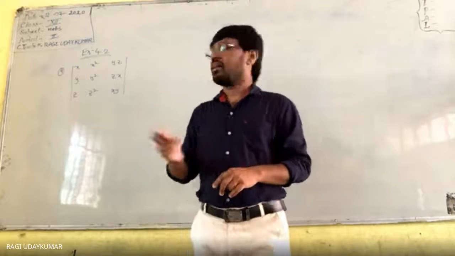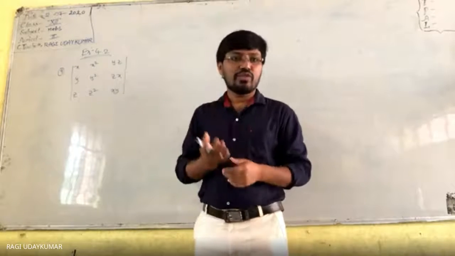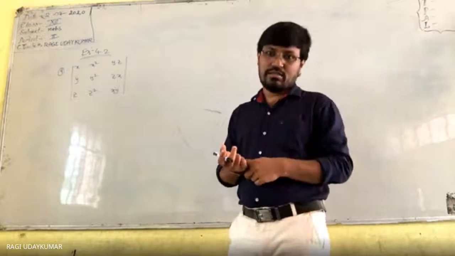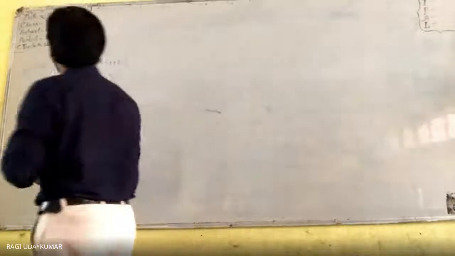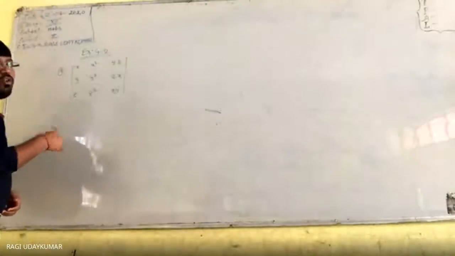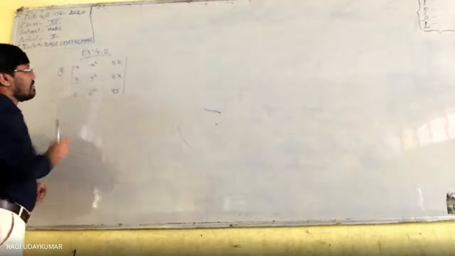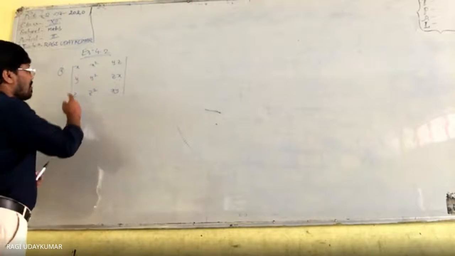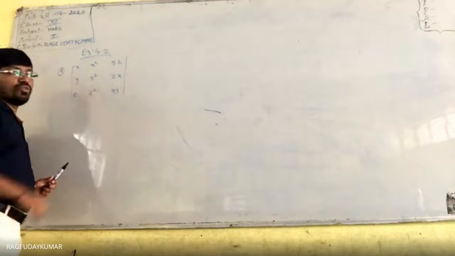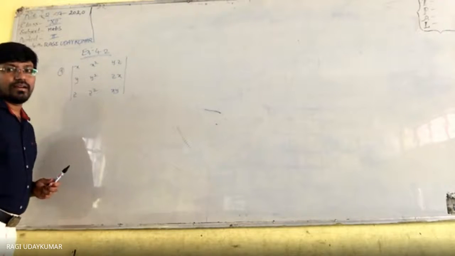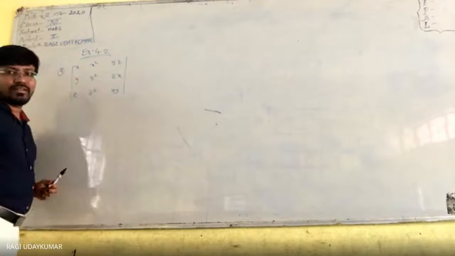You see, x minus y, y minus z, z minus x is there. So how do we get x minus y? This minus this, if you do, you will get x minus y. Y minus z, how do you get? This minus this, you do. Z minus x you get.